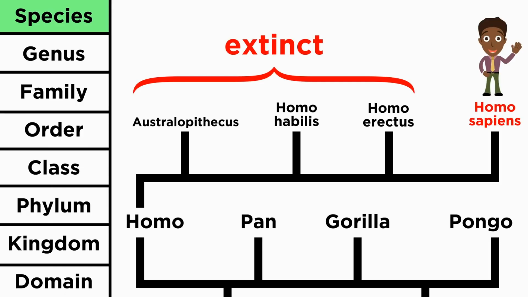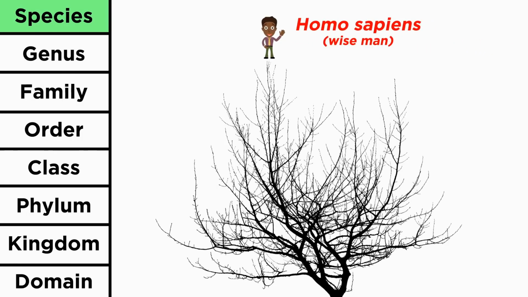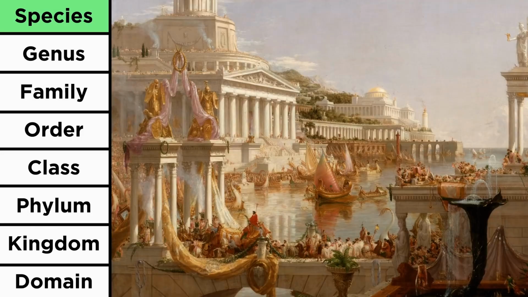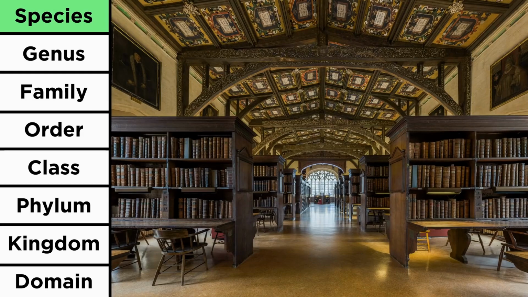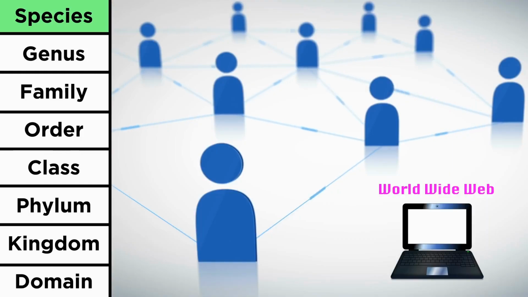The species that came before us, Homo erectus, Homo habilis, and many others, are all gone. And Homo sapiens, which means wise man, sits at the very top of the tree, the only species to have evolved an intelligence that spawned complex civilizations and information storage, first as written language, and eventually the omnipresent internet, which you're using right now.